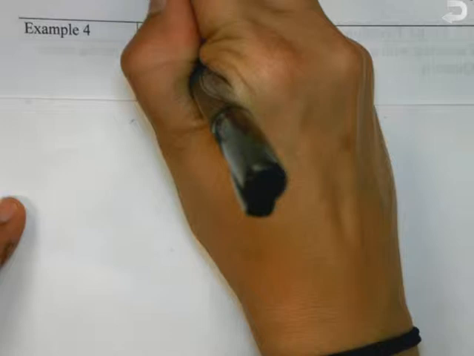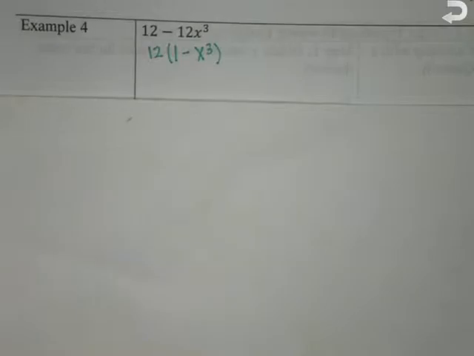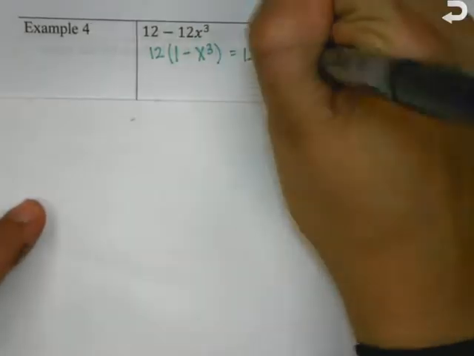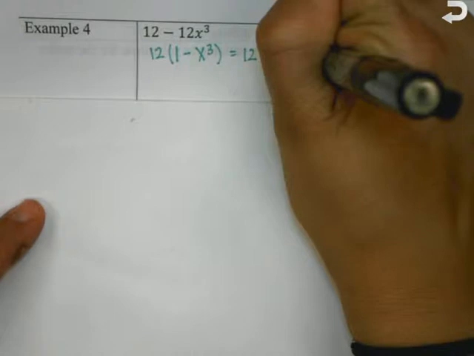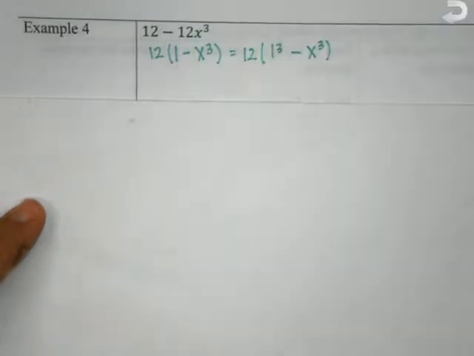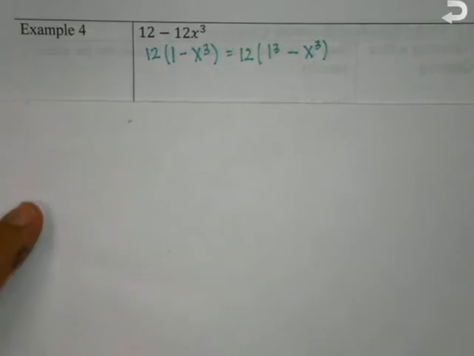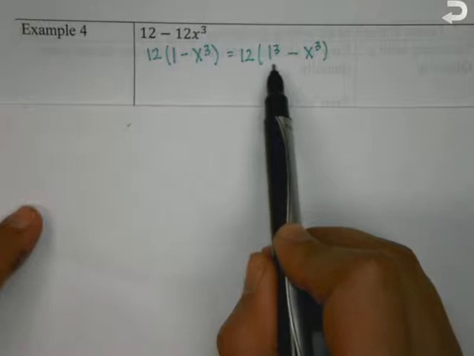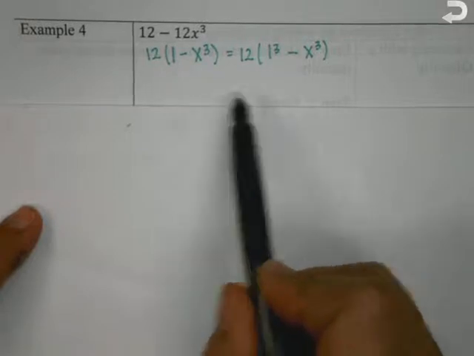Now do I have a difference of two cubes? Is 1 a perfect cube? Yeah. So what I want you to do is literally rewrite it as 1 cubed minus x cubed. Because I want it to be obvious to you what the base is. Alright, so what is the first base in this case?